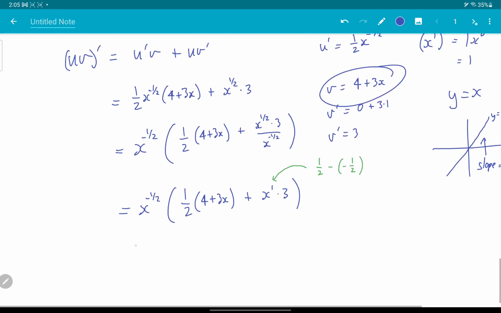Okay, where was I? X to the minus a half. Then I get 2 plus 3 halves x plus 3x, which is x to the minus a half times 3 plus 3 halves. 3 plus 3 halves, that's 4.5, which is 9/2.